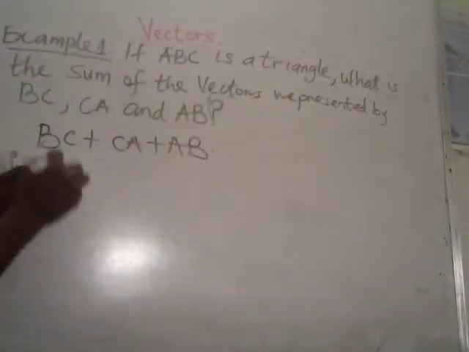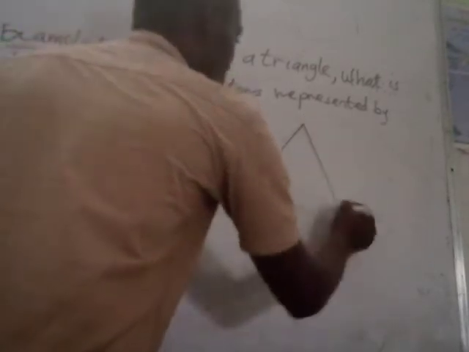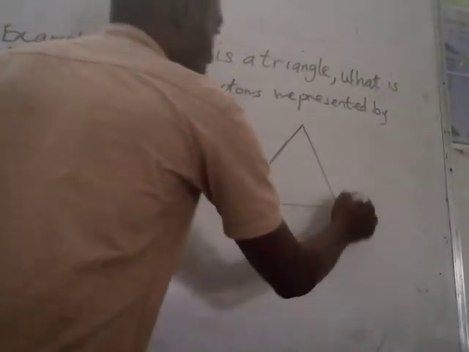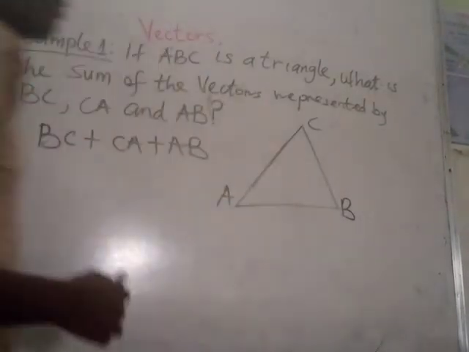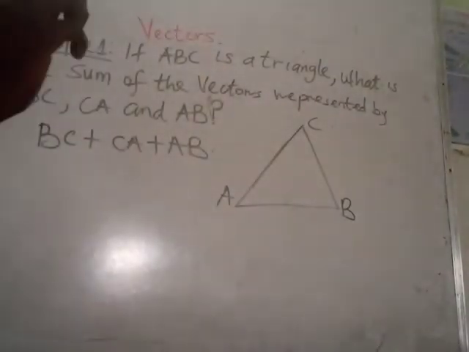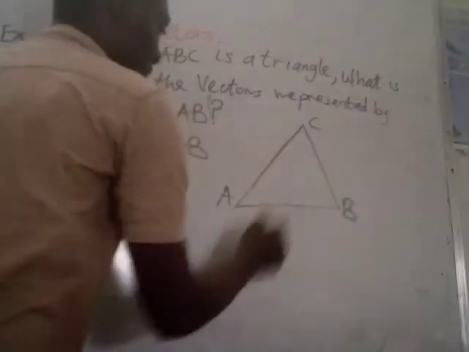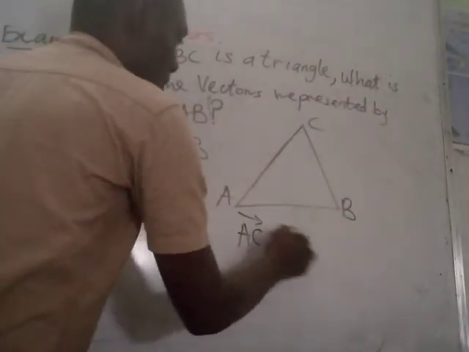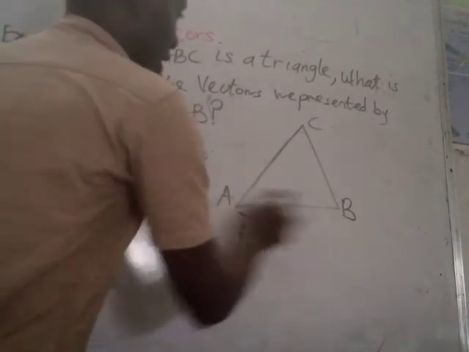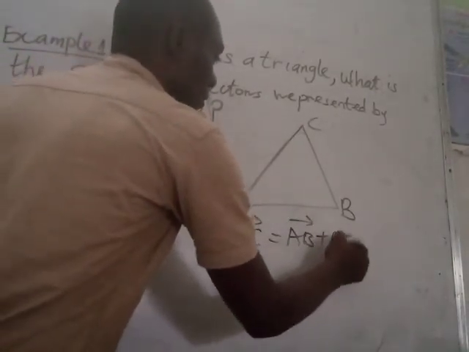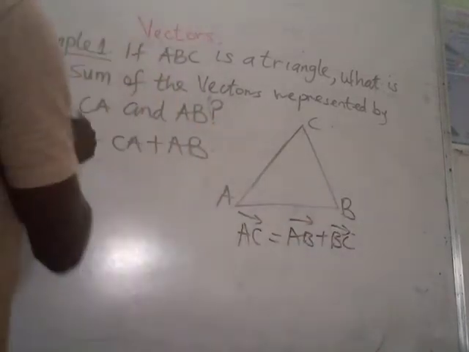Now we can illustrate this by drawing a triangle with vertices A, B, and C. From the vector law of addition, you remember that AC is equal to AB plus BC.